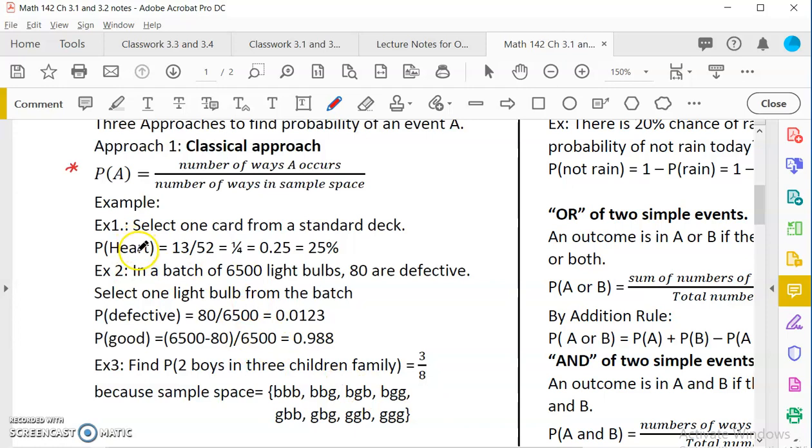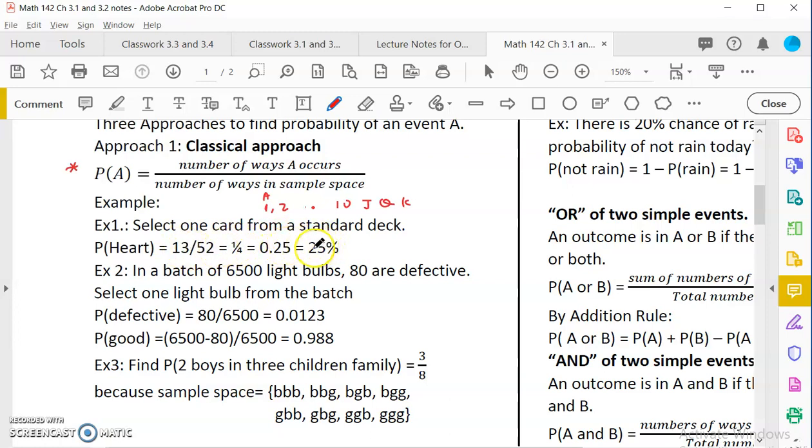How many hearts? There are 13 heart cards in the standard deck, because you would have 1 to 10, where 1 is Ace, and then Jack, Queen, King. So it's 13 of them over 52. You count all those favorable to you versus the 52 that are possible. So it is 1/4 after you simplify, and it's 0.25.